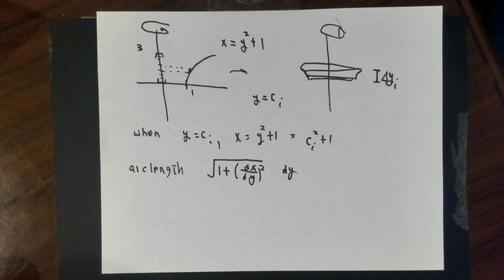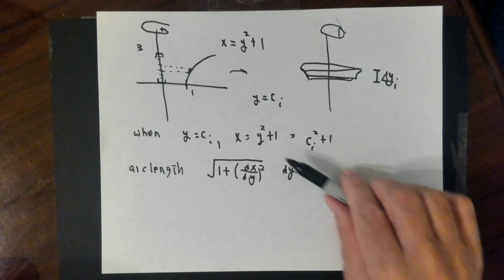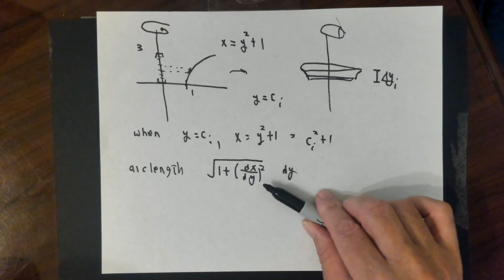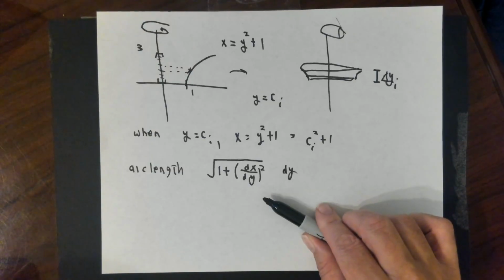I'm beginning to adopt the notation that I already know, generally speaking, how this is going to go, so I don't need to write quite as many details down. dx dy is 2 times y. If you square that, you get 4y squared. This quantity will be the square root of 1 plus 4y squared dy when all is said and done.